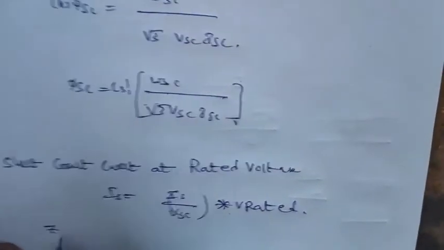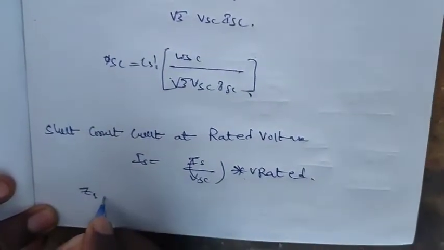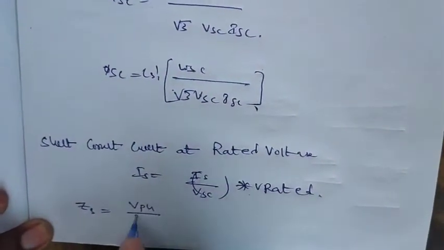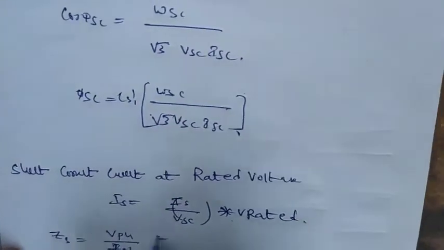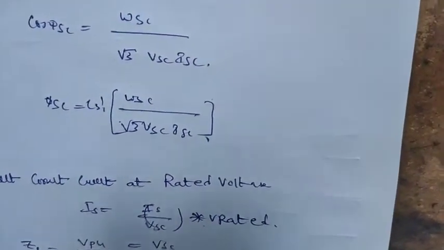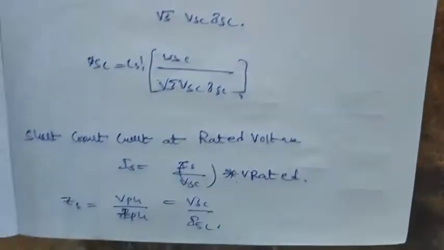After that, the impedance per phase. So impedance equals voltage per phase divided by current per phase, that is VSC by ISC. So from these analyses we can get the values from the no load and blocked rotor tests.